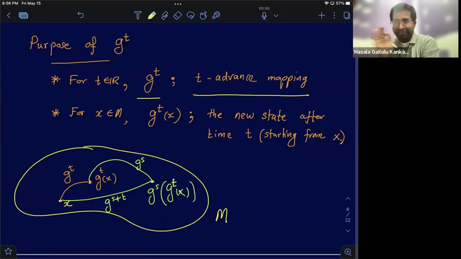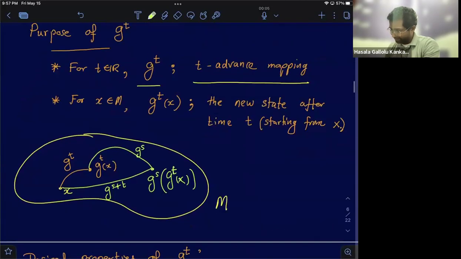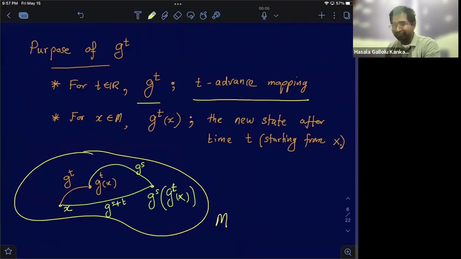Now, if that is the case, there's one point that we can see immediately. The first observation for consistency is going to be this.